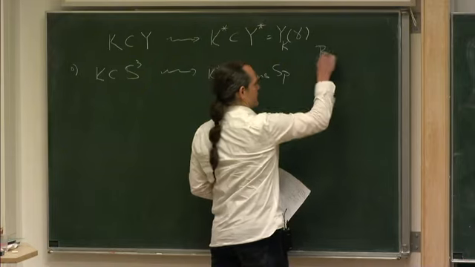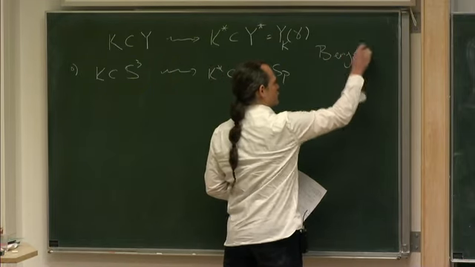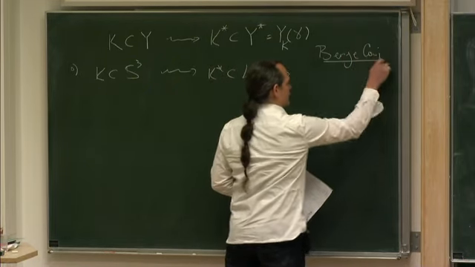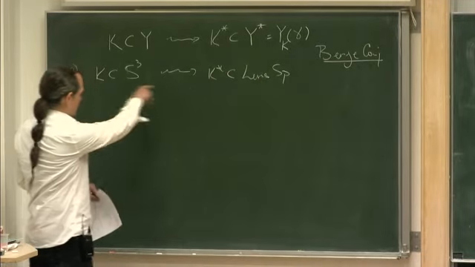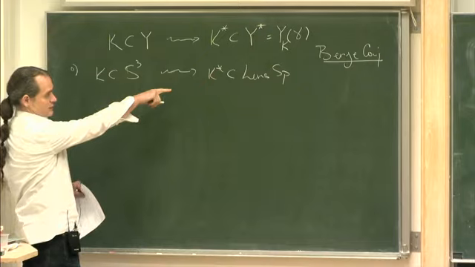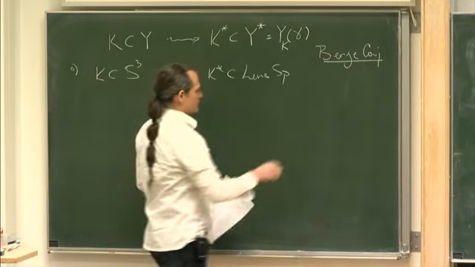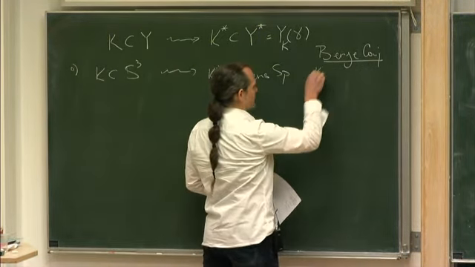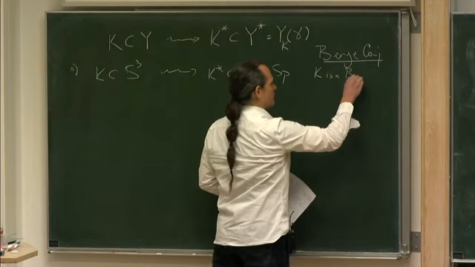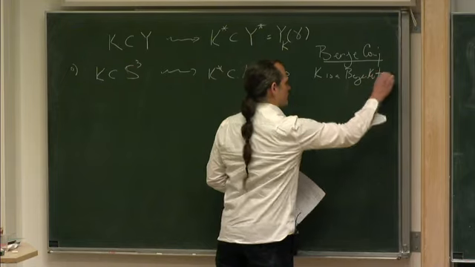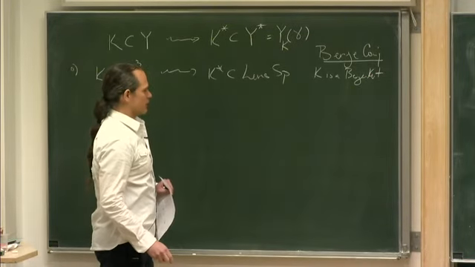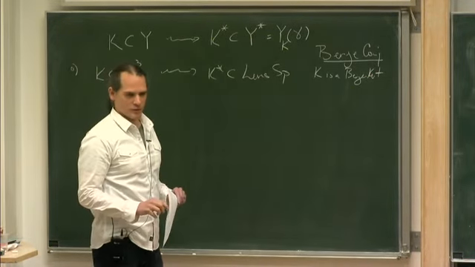situation here, this is the Berge conjecture, or trying to understand the classification of the knots in S3 that have surgeries to lens spaces. And succinctly, this just says that K is a Berge knot. Well, I don't think Berge called it the Berge conjecture, he called these things Berge knots.